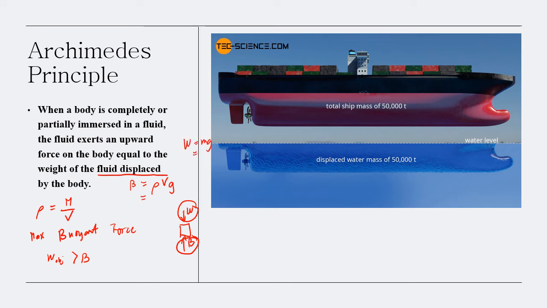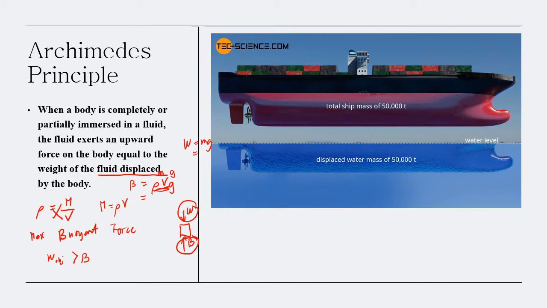Since we are dealing with density, we take the relationship and cross multiply: mass is rho times volume, multiplied by gravity. That's why we have this equation.